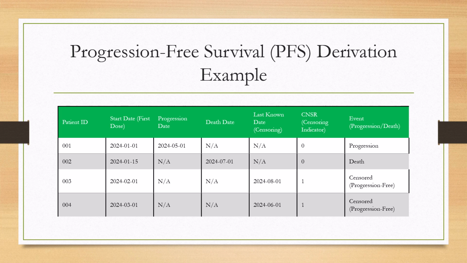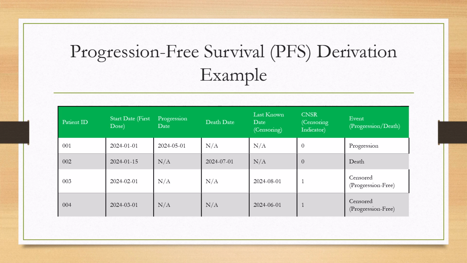Similarly, the second subject experiences death on 1st July 2024, and for that subject the start date was 15th January. Again, since this subject experiences death, the censor variable is marked as 0 and the event is death.